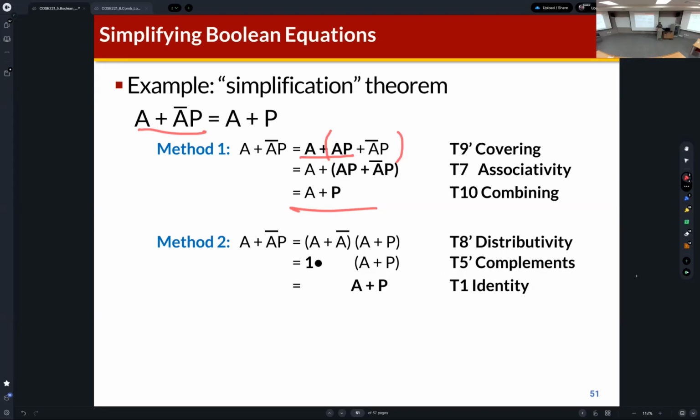Boolean algebra is simpler than normal mathematical algebra, but the properties are a little bit different. So we need practice to become familiar with Boolean algebra.